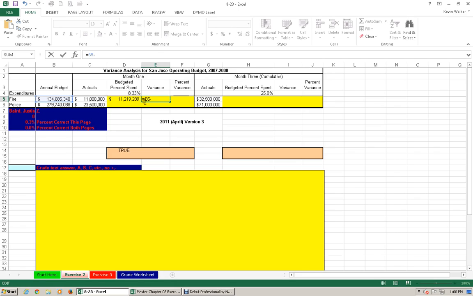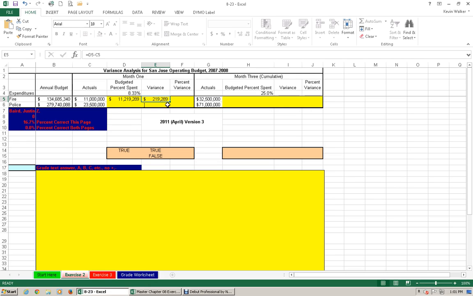That's not B5. It is D5. What we budgeted for minus what we actually spent, which is $219,289 that we have left in the kitty above and beyond what we budgeted for.